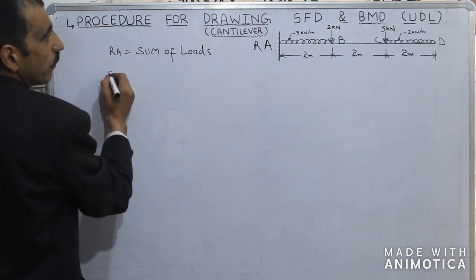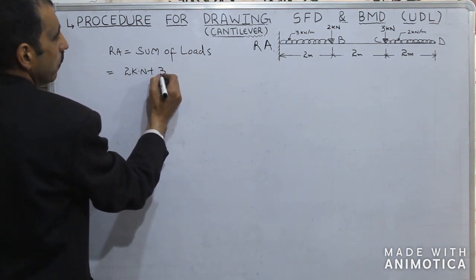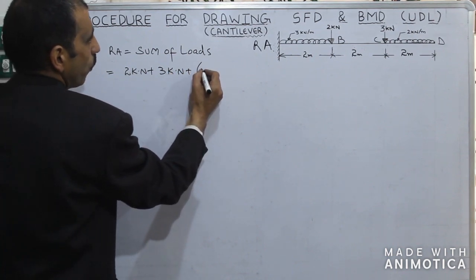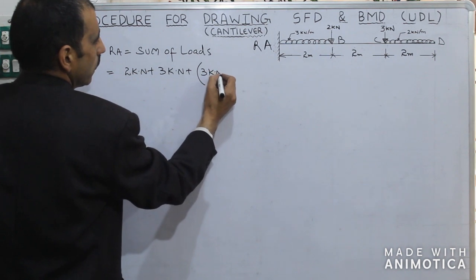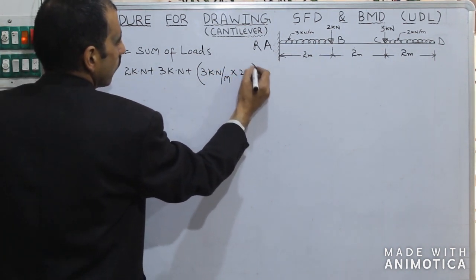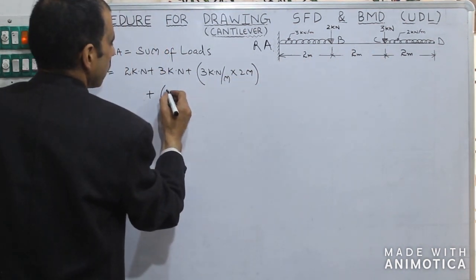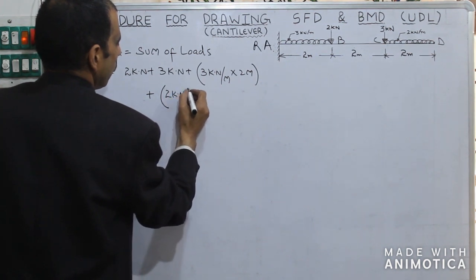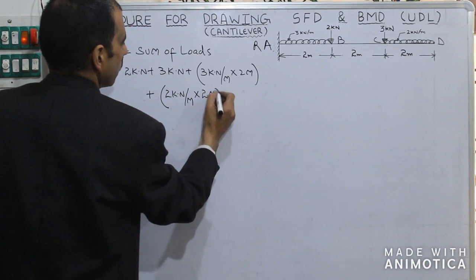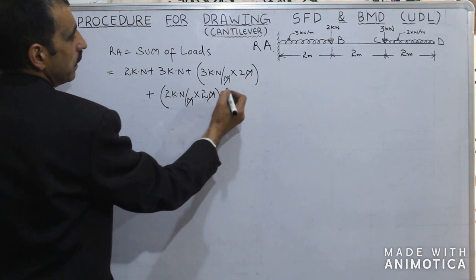Sum of loads: point loads are 2 kN plus 3 kN, plus UDL. I will convert this into a point load, 3 kN per meter into 2 meter, plus the second UDL, 2 kN per meter into 2 meter. Meter and meter cancel.